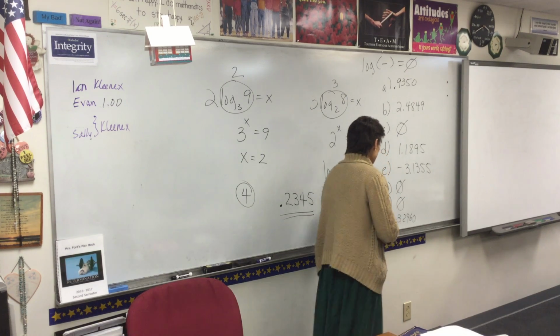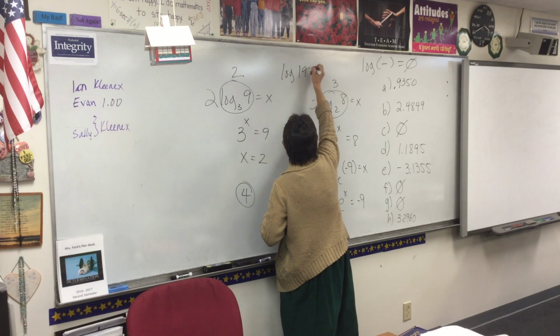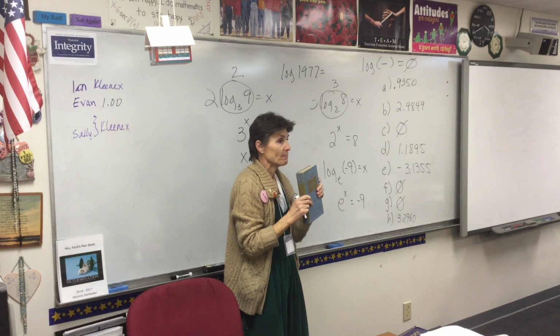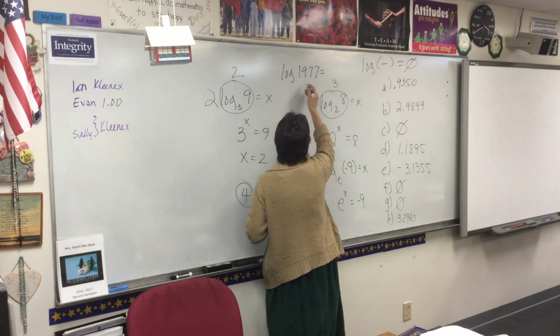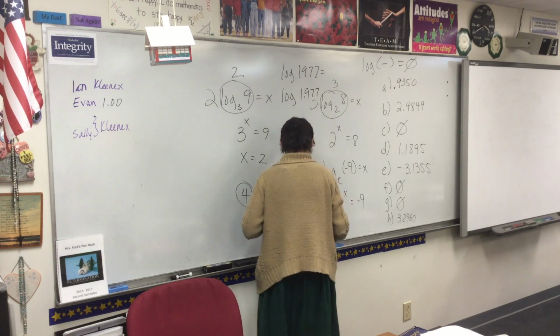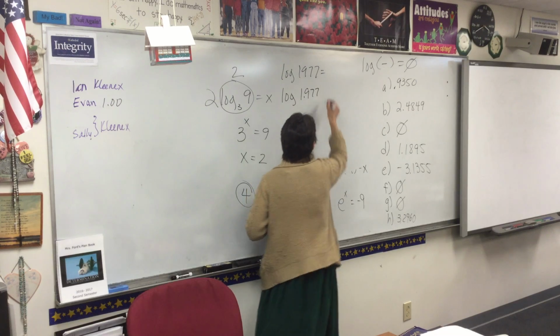So for example, this one down here, find the log of 1977. I couldn't find that. That number is not in my book. So what I had to do was change this into 1.977 times 10 to the third.